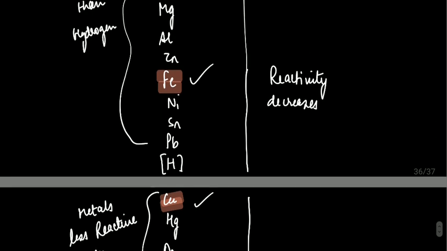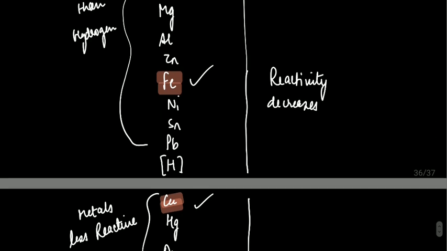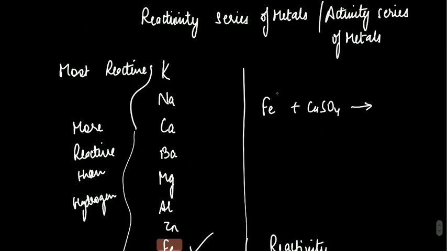So any metal more reactive than another metal in this series has the capability to displace that metal from its salt solution. So iron can kick off this copper from its salt solution, make its own salt FeSO4, and copper is kicked out. So copper is the replaced metal over here, and iron is the one replacing it. That's why we call it a displacement reaction.